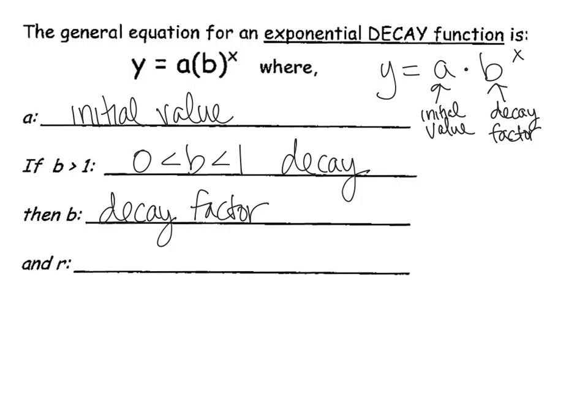For the decay factor, we care how much less than 1 it is. It's going to be less than 1, but how much less than 1? So this is going to be a little subtraction problem. 1 take away R is going to be my B. My R is called the decay rate.